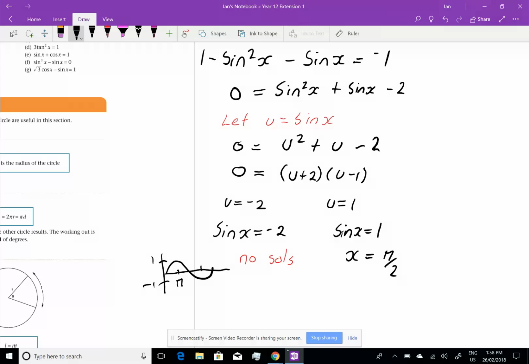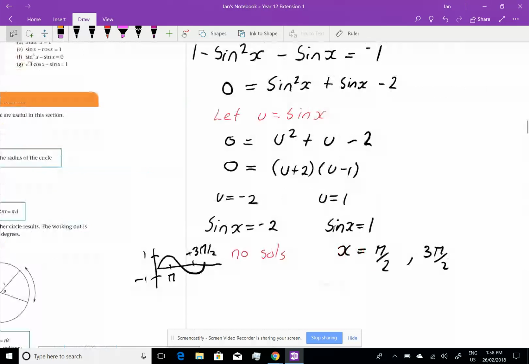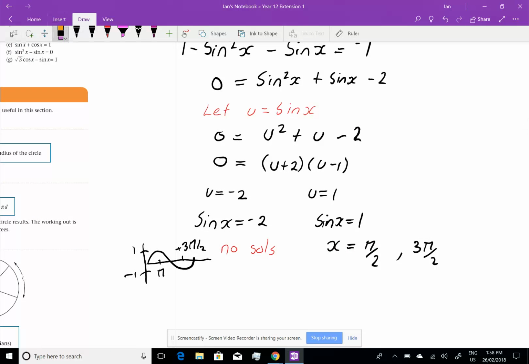I just checked 19D in the answers, pi on 2. Why hasn't she got 3 pi on 2? Oh, yeah, that's silly, because that's -1. So it's only pi on 2.